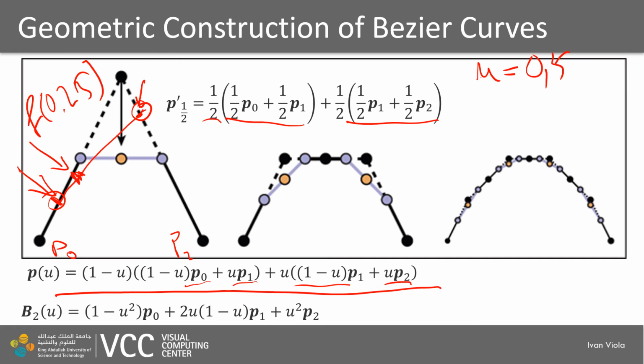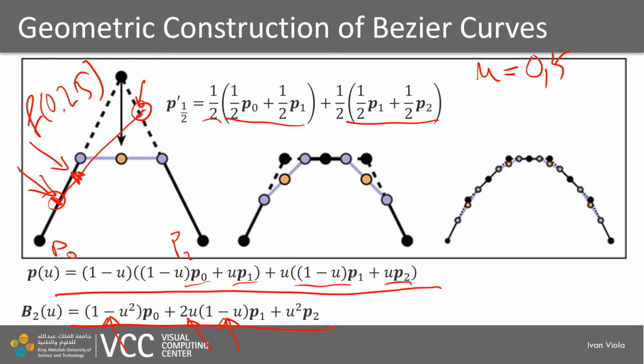And if we now multiply it out, we will find out that we are actually having our Bezier Bernstein polynomials for the quadratic form. So here we can see that we have u and 1 minus u and the 1 minus u squared and so on.